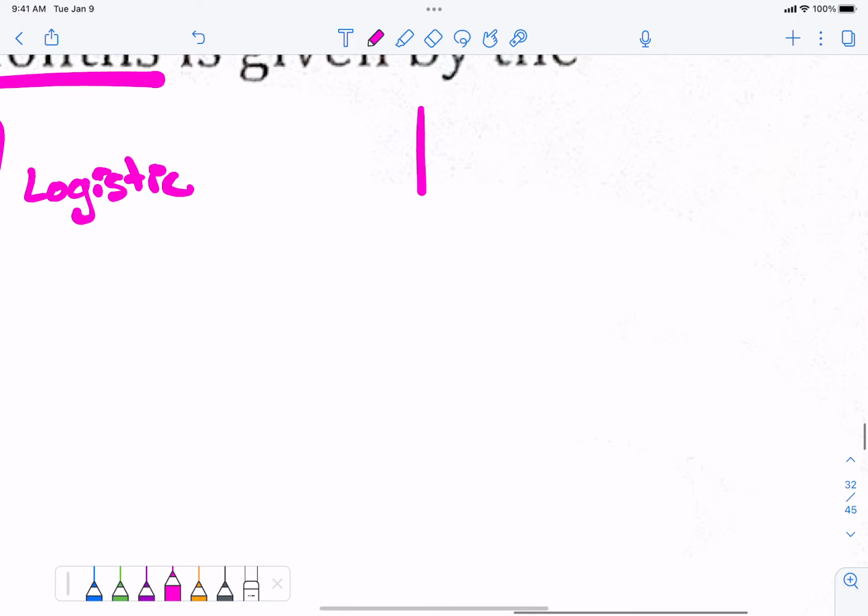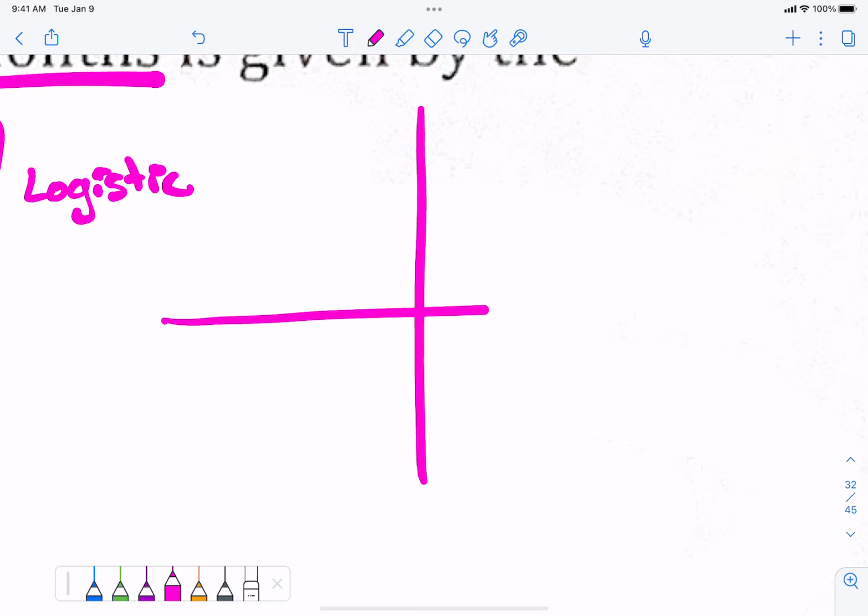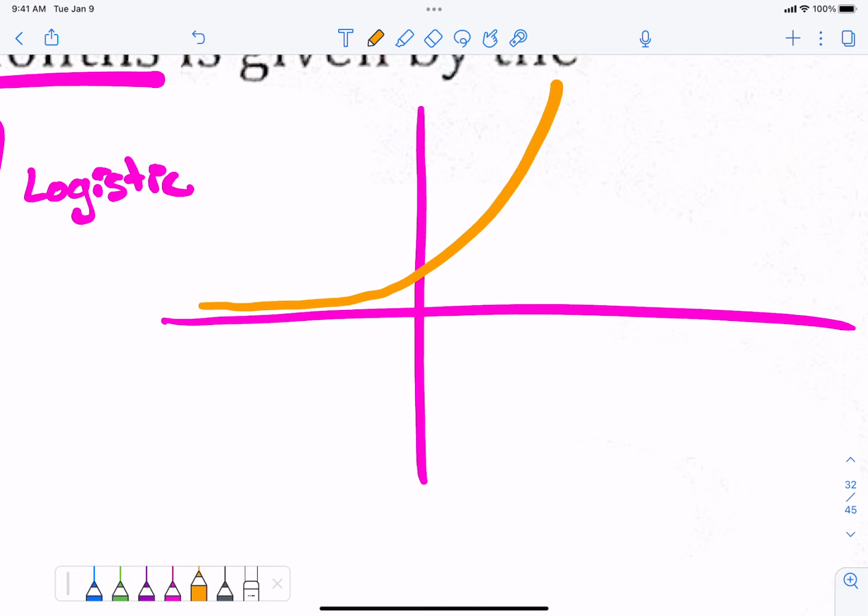A logistic function is actually what they use in real world examples because a normal exponential function goes like this, right? And it keeps going up and up forever and ever. That's what an exponential function looks like. But realistically, population is not going to increase exponentially because eventually we're going to run out of space on the earth, or run out of food to feed all these people.